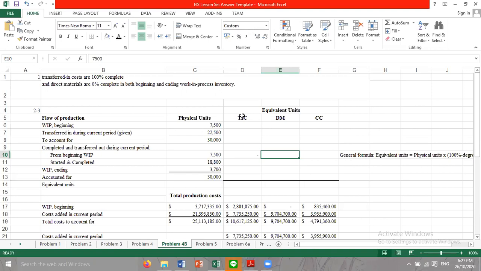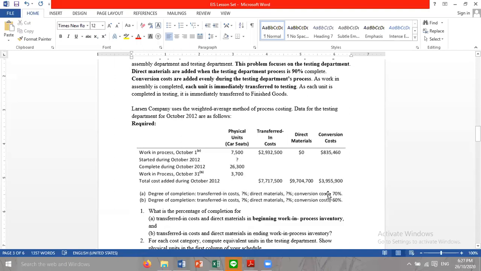Or we need to do a 100% work done of direct materials. So direct materials 100% times 7,500, which is 7,500. How about for conversion costs? Well, we know that conversion cost is 70%. That means to calculate the remaining work done, it's simply 100 minus 70%.